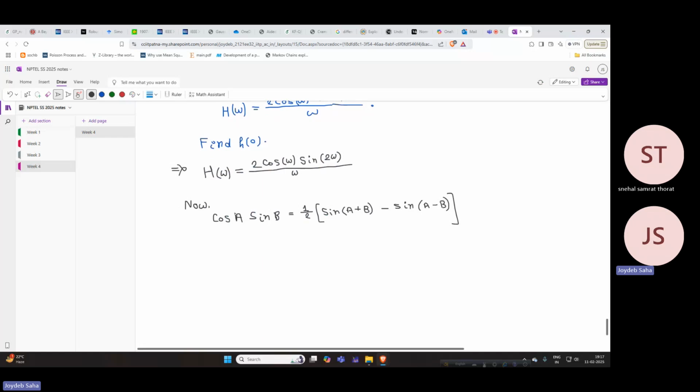Cos A sin B is half of sin A plus B minus sin A minus B.